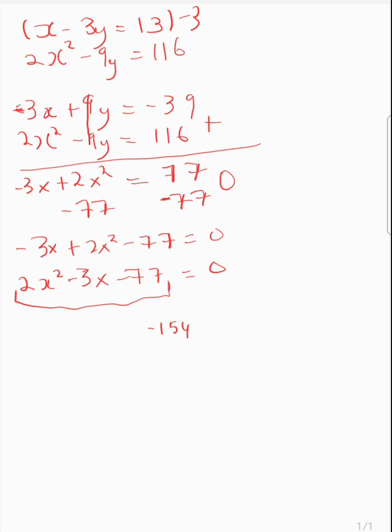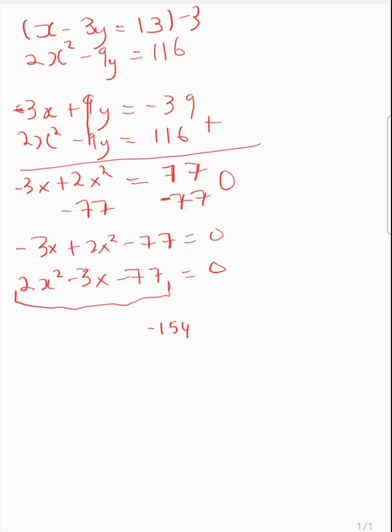77 times 2 is 154. Let me try 11: 154 divided by 11.